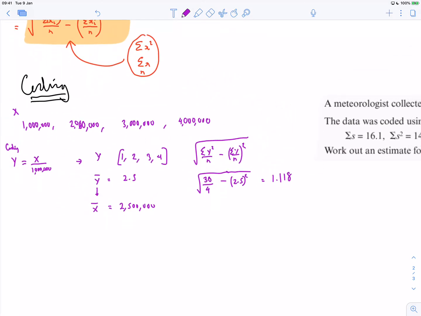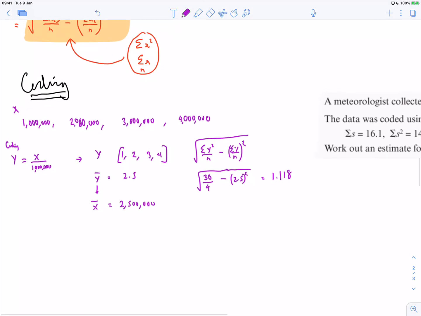Right. Now, is it necessarily the case that we just multiply this 1.118 by a million? Is that necessarily true? Yes. Let's think about it.